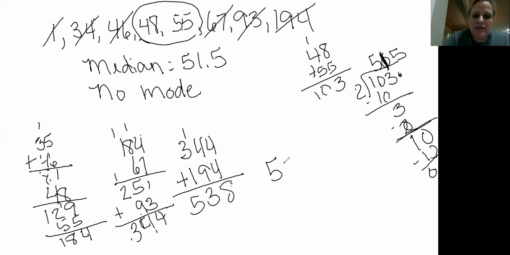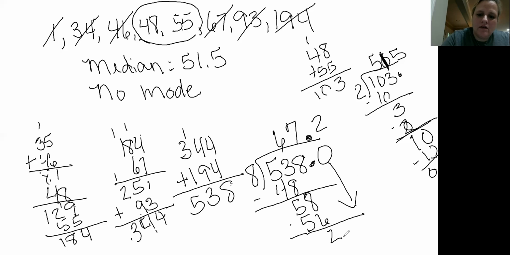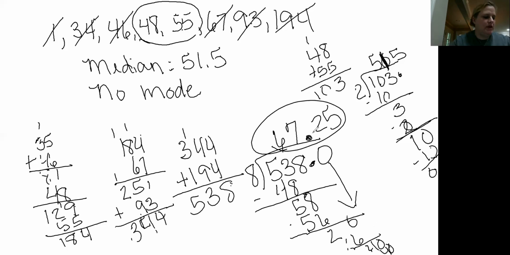So 538 divided by 1, 2, 3, 4, 5, 6, 7, 8. 67.25.